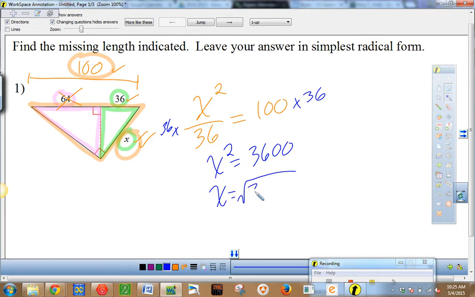And it gives you a beautiful, nice number. We don't even need wavy equal signs. We can have actual equal signs. What's the square root of 36? 6. And the square root of 100? 10. Cool? Yeah? No? Maybe?